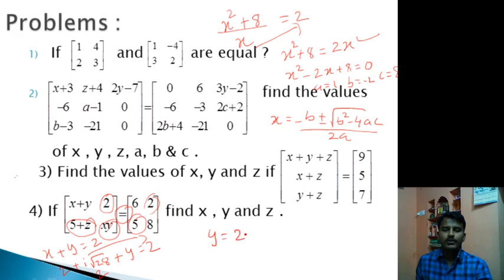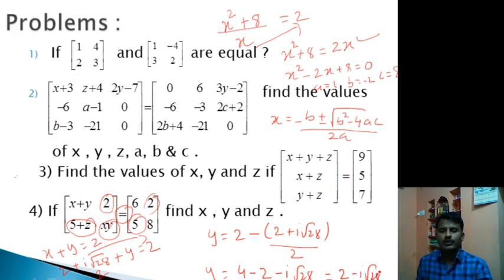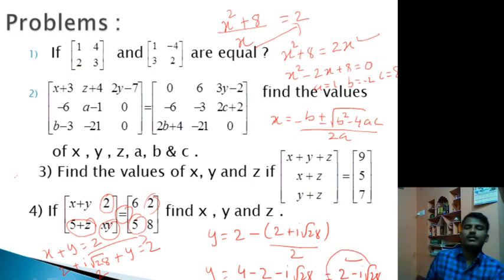Y is equal to 2 minus of 2 plus iota root 28 upon 2. Again y is equal to 4 minus 2 minus iota root 28 upon 2, that should be equal to 2 minus iota root 28 divided by 2. This is the value of y.